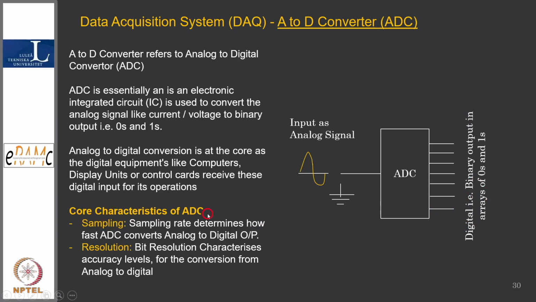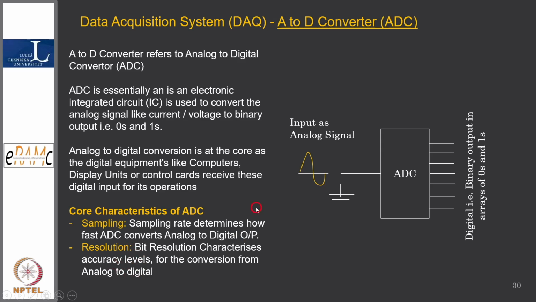Then the core characteristic of an ADC is sampling. The sampling rate determines how fast the ADC converts from analog to digital. Simple. And then resolution. Bit resolution characterizes the accuracy level of the conversion from analog to digital: how one to one they are, measuring the actual value and then the represented value.